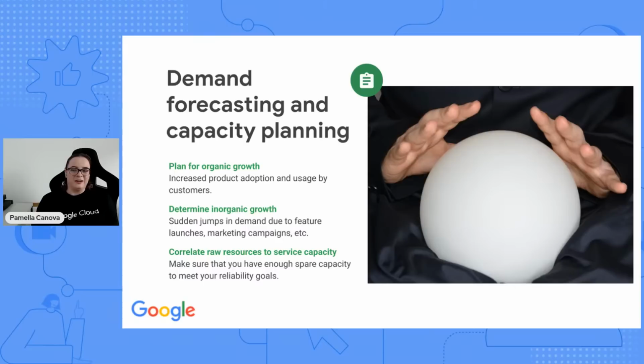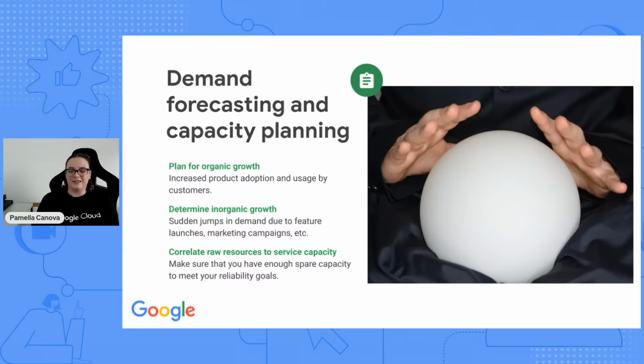We can have organic growth that will come from new users or growth for your website over time. But we can also have inorganic growth that will come from launching a new product or a new site. So it's important we plan for both.